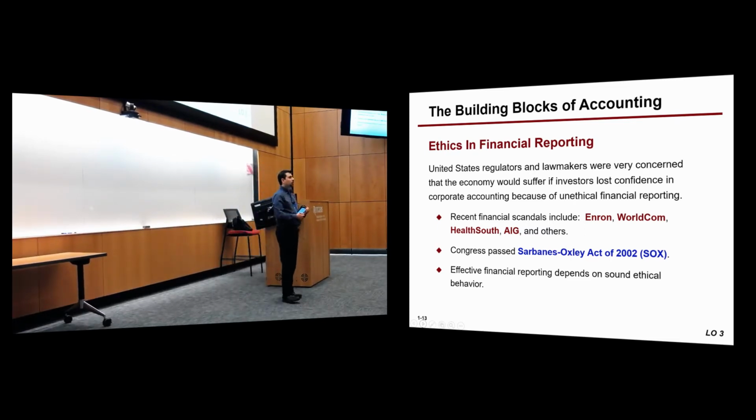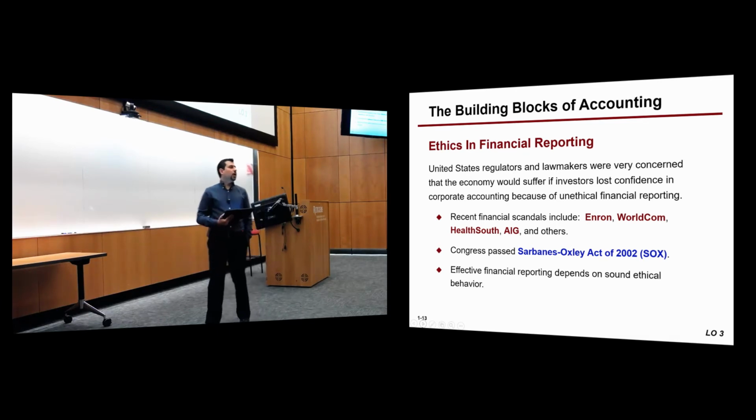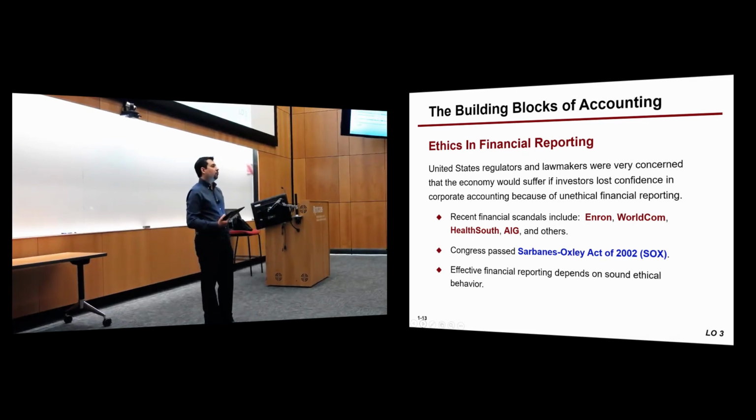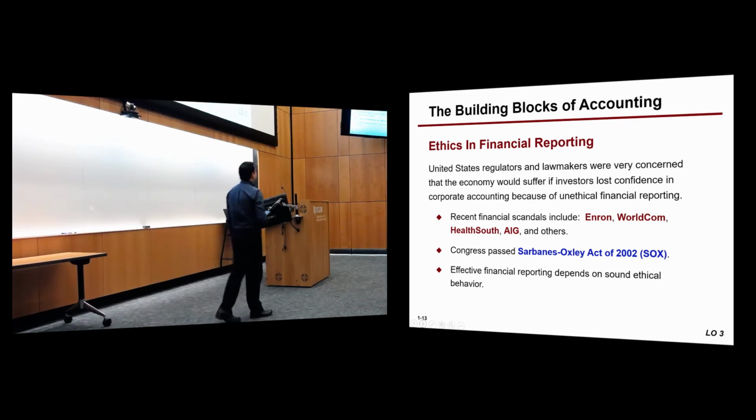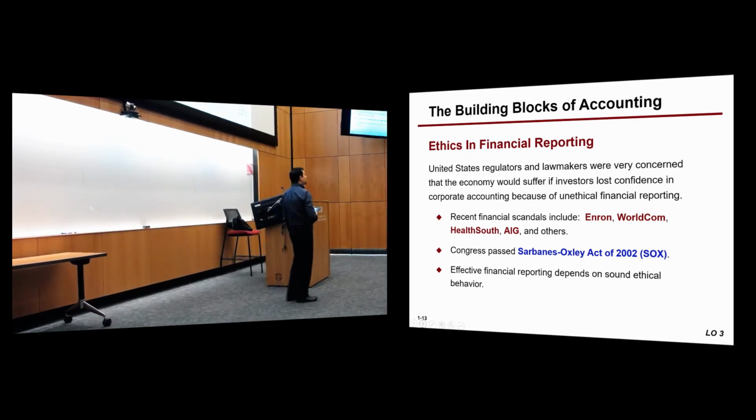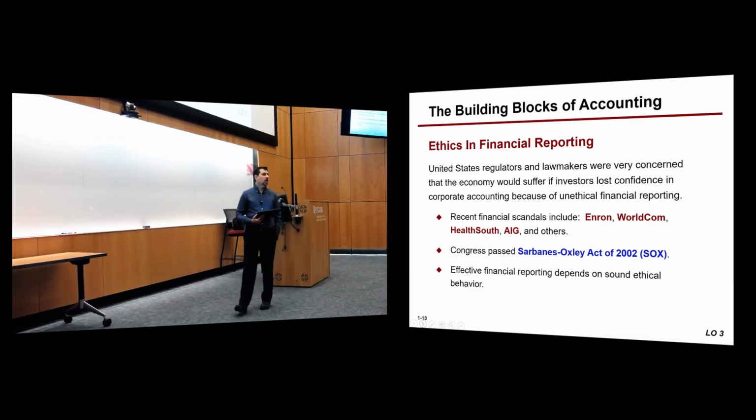Most known are Enron, WorldCom, etc. What happened is that there was unethical behavior from the companies, and it was not detected or reported by auditors. As a result, there was a huge scandal when Enron went down, and the US government passed Sarbanes-Oxley in 2002. Or for short, SOX.